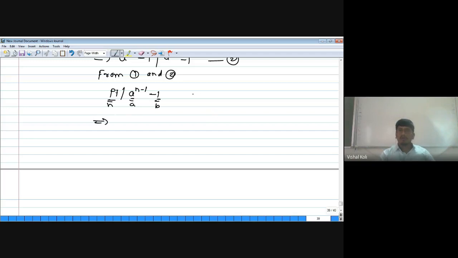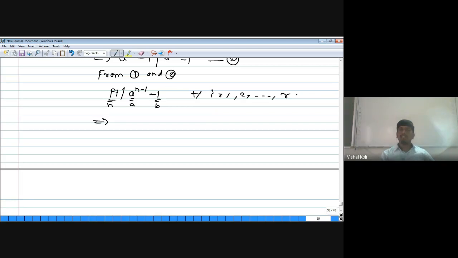For all i running from 1 to r, that is, p1 divides a to the power n minus 1 minus 1. Similarly, p2 divides a to the power n minus 1 minus 1, and so on, up to pr divides a to the power n minus 1 minus 1.